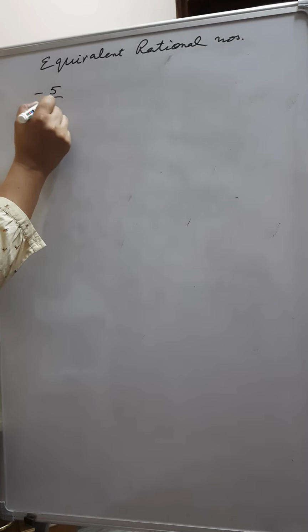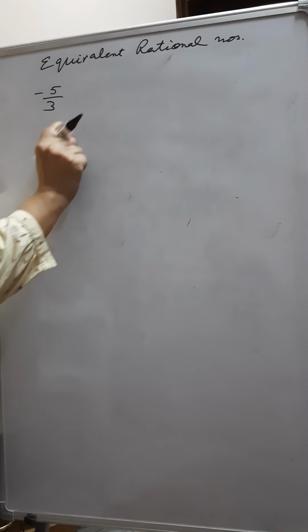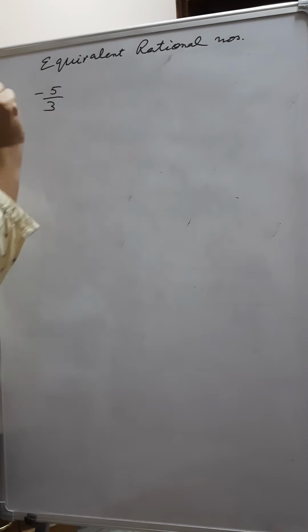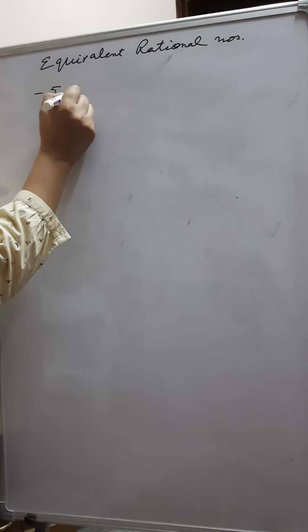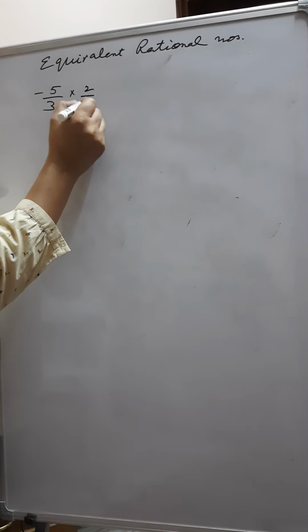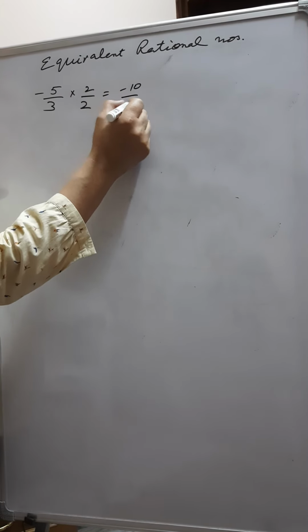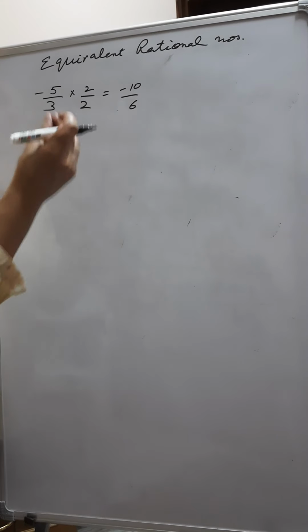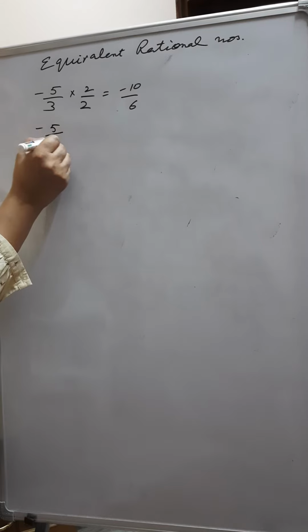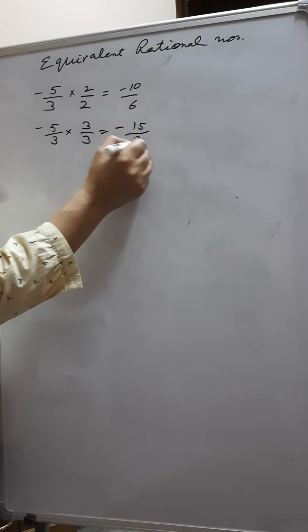Minus 5 over 3. To find the equivalent rational numbers of this minus 5 over 3, you are going to use the tables. Minus 5 over 3 multiplied by 2 over 2 is minus 10 over 6. 3 doesn't have any sign, so 3 twos are 6. Minus 5 over 3 multiplied by 3 over 3 is minus 15 over 9.